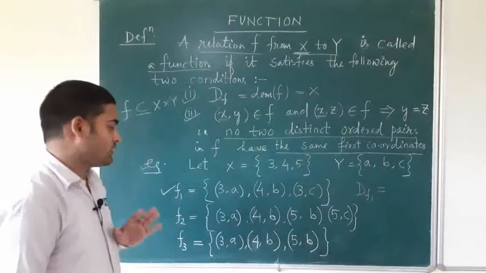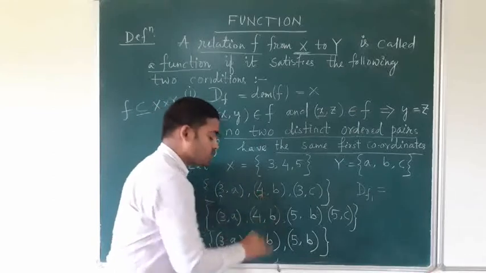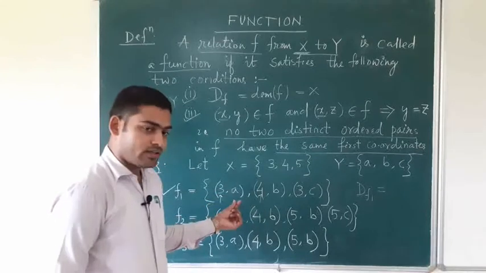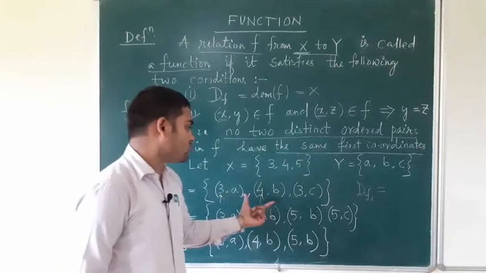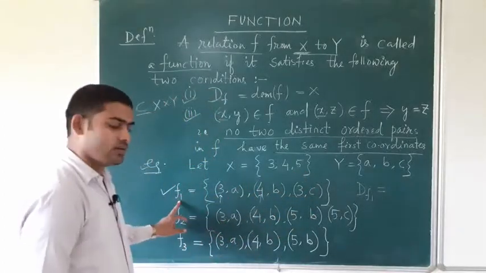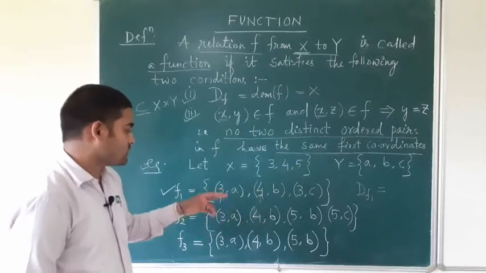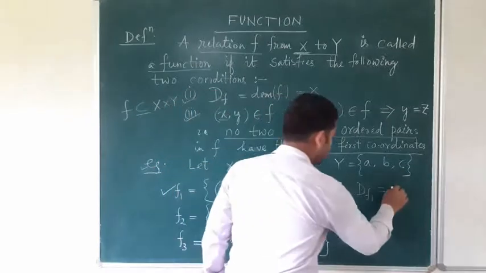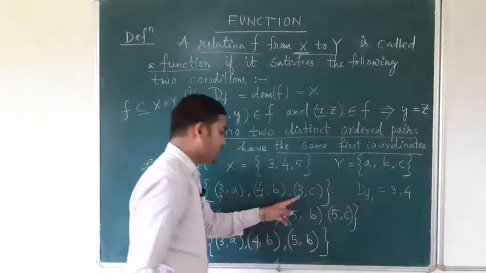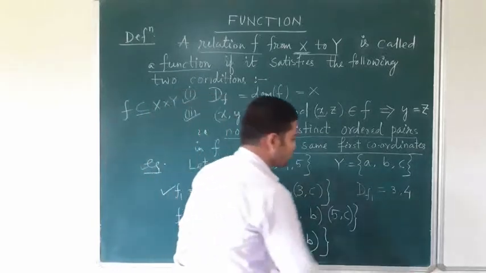relation F1. Here domain means, you know what? The set of first coordinates of all ordered pairs of relation F1. The first coordinates here are 3, 4, again 3, so no need to write it.